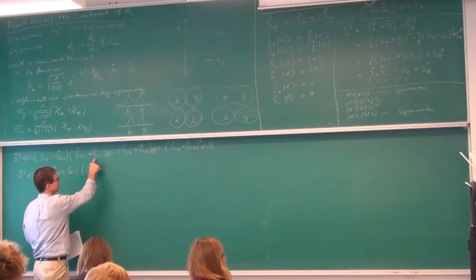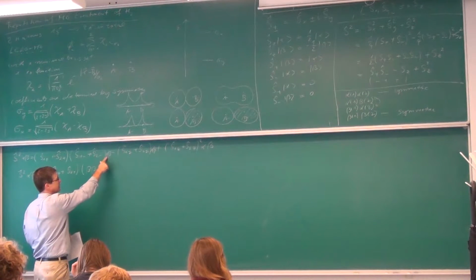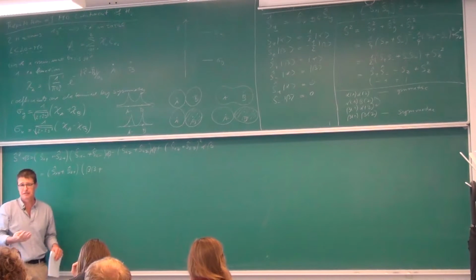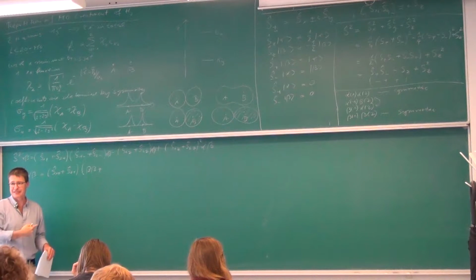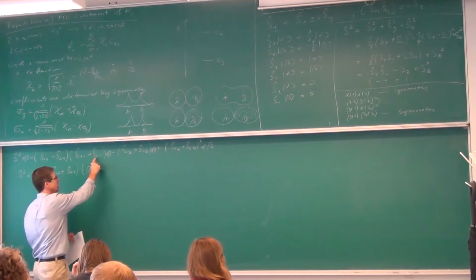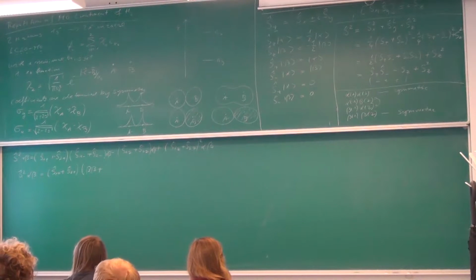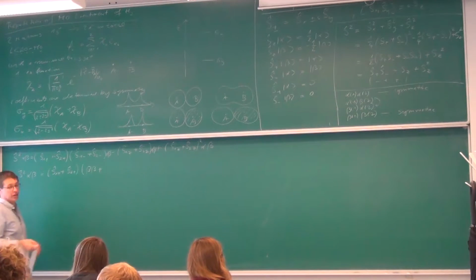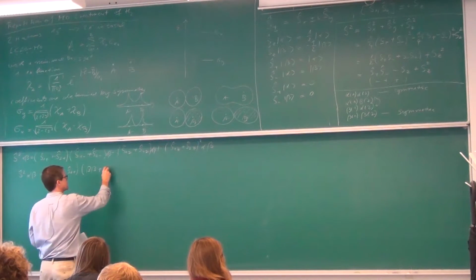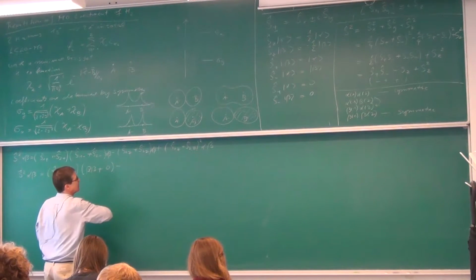Plus, what is S2 doing? S2 on the alpha is doing nothing, because that's the electron 1 function. But S2 minus on beta gives us 0. So here we have 0.